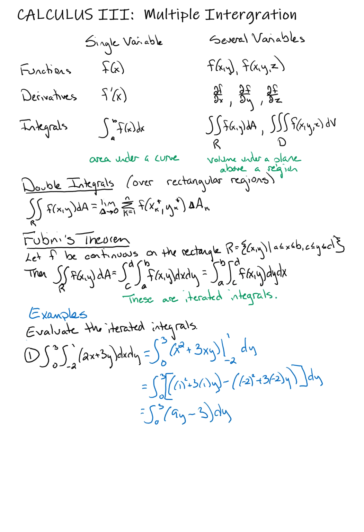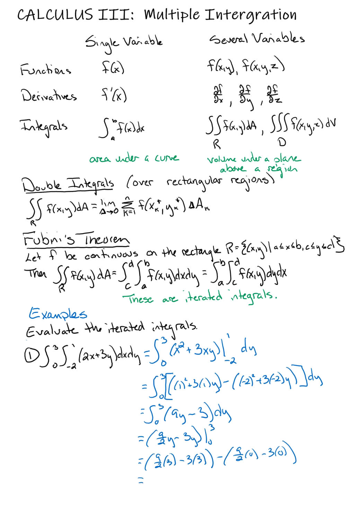Now we integrate with respect to y. That gives us 9 halves y squared minus 3y, which we will evaluate from 0 to 3. It looks to be pretty simple at this point.